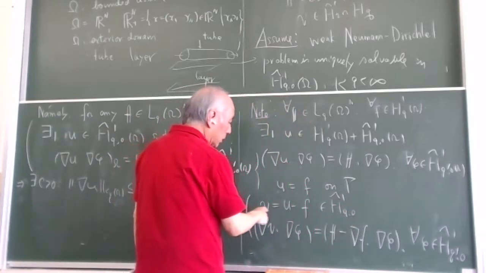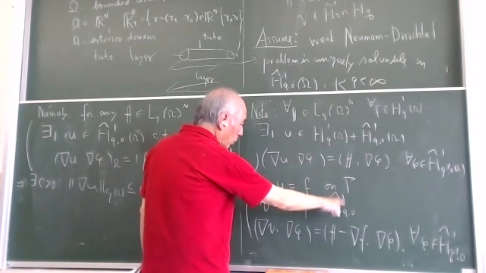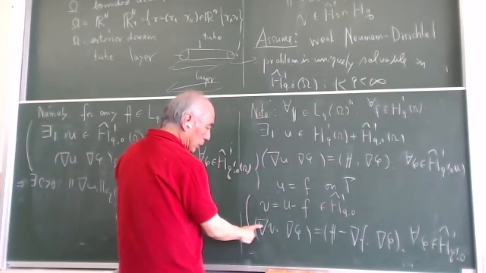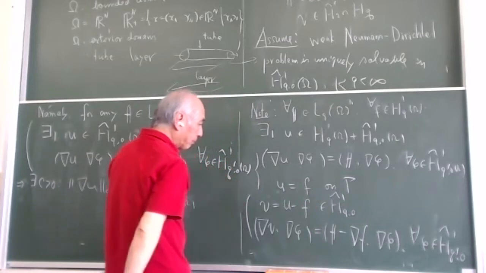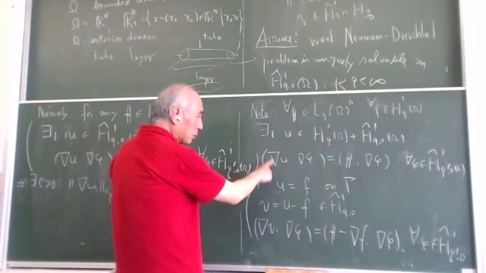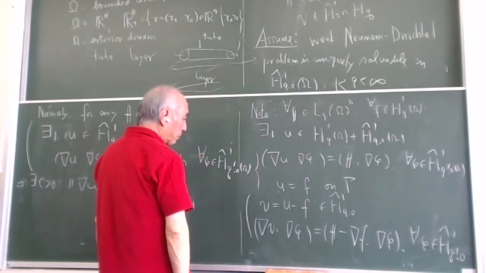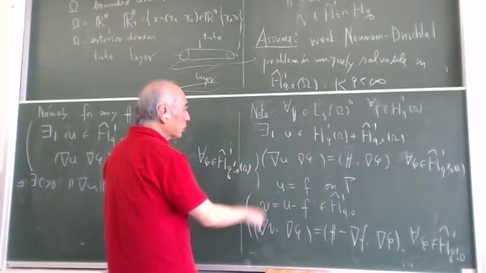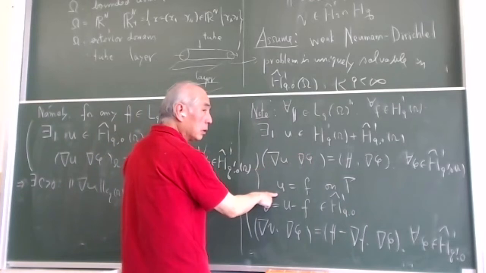E is a function in H hat 1 Q 0, which satisfies this. Then you satisfy this equation. Okay, so we can solve the inhomogeneous problem.